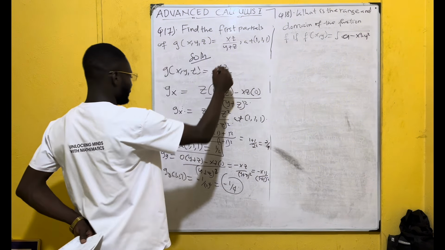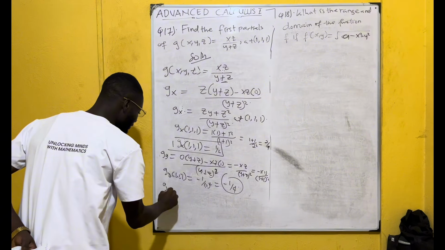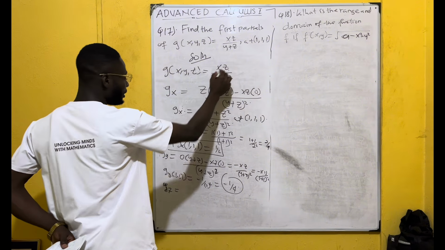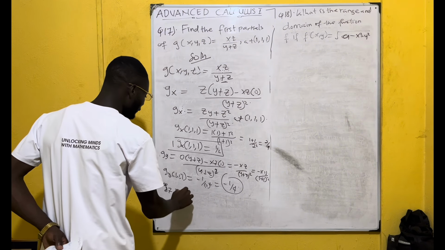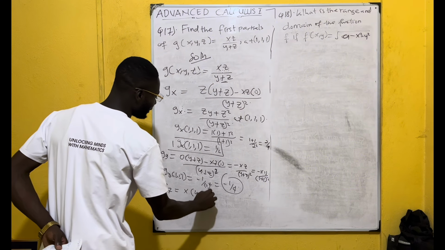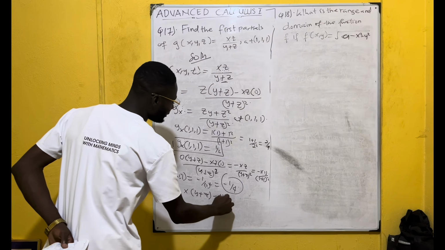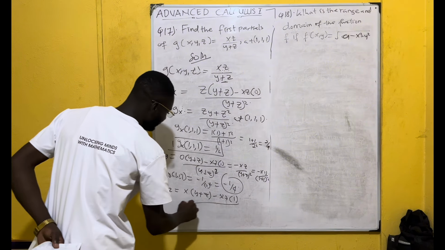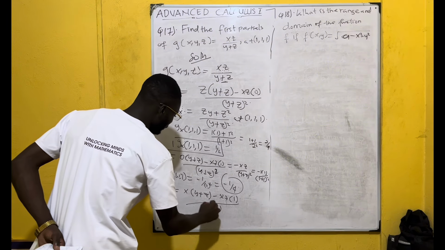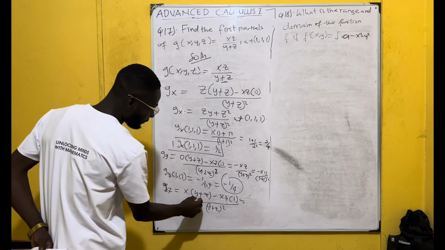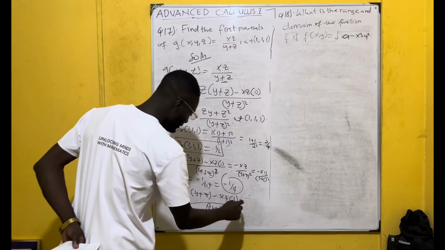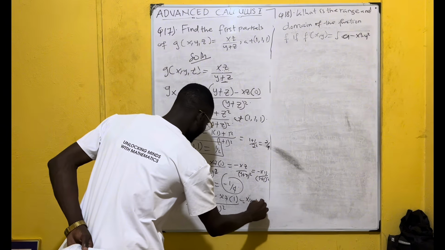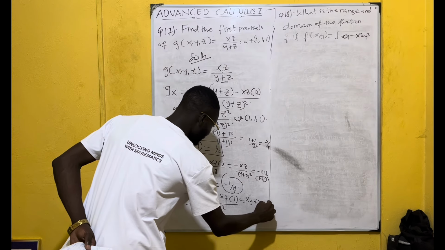The last one, which is g_z, will be equal to, we differentiate this, we have x, then we maintain y plus z, minus, maintain xz, differentiate this with respect to z, we have 1 divided by (y plus z) all squared. So this we are going to have xy plus xz minus xz.